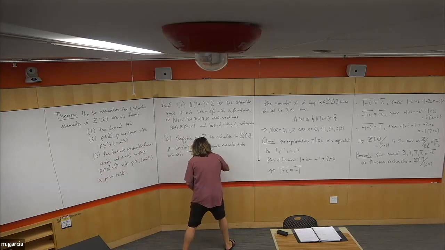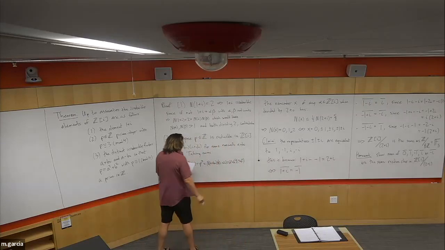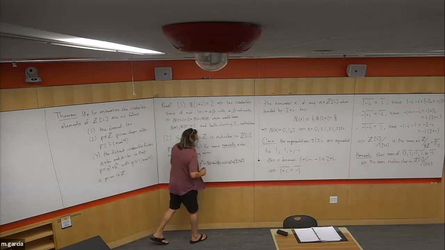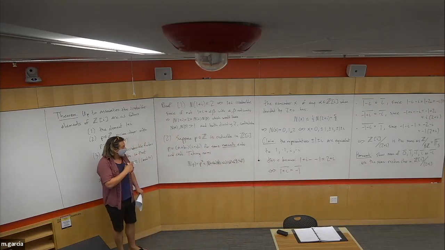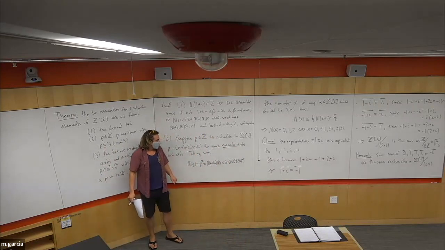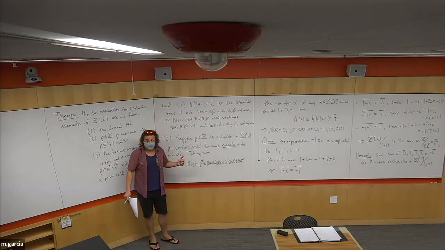That is, we'll take the norm of a plus bi times the norm of c plus di, which is equal to a squared plus b squared times c squared plus d squared. Okay, so since we assume that a plus bi and c plus di are both non-units, then we must have that both of these norms, that is a squared plus b squared and c squared plus d squared, must equal p, right?